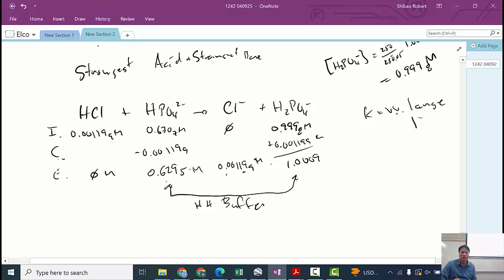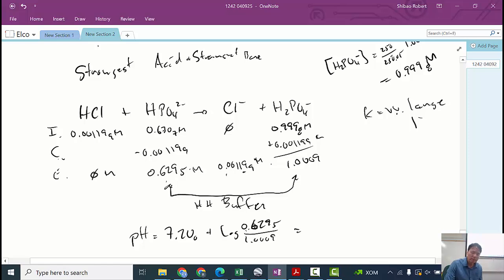The new pH is going to be pH equals pKa, which was 7.200, plus the log of the base, 0.6295, over the acid, 1.0009. So 0.6295 divided by 1.0009, take the log of that, equals minus 0.201, plus 7.2, which is 6.998. So the new pH comes out to 6.998.